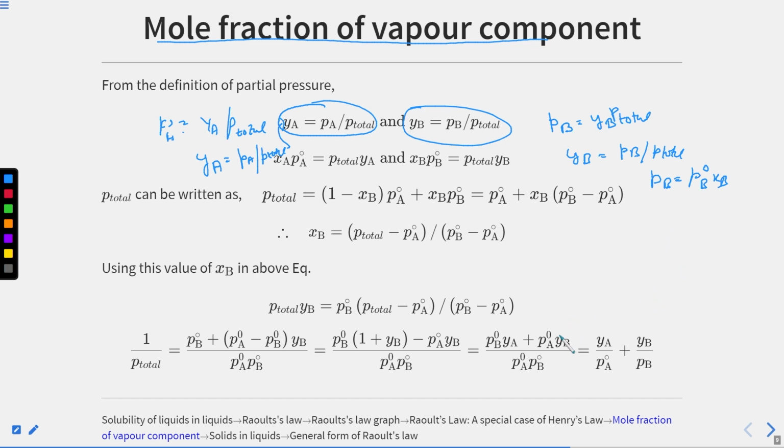So do not get confused with it. The X which we talked about earlier, XA, was the mole fraction of the A component in the liquid phase. If we replace PB with P naught B XB and PA with P naught A XA, we will end up getting this result.